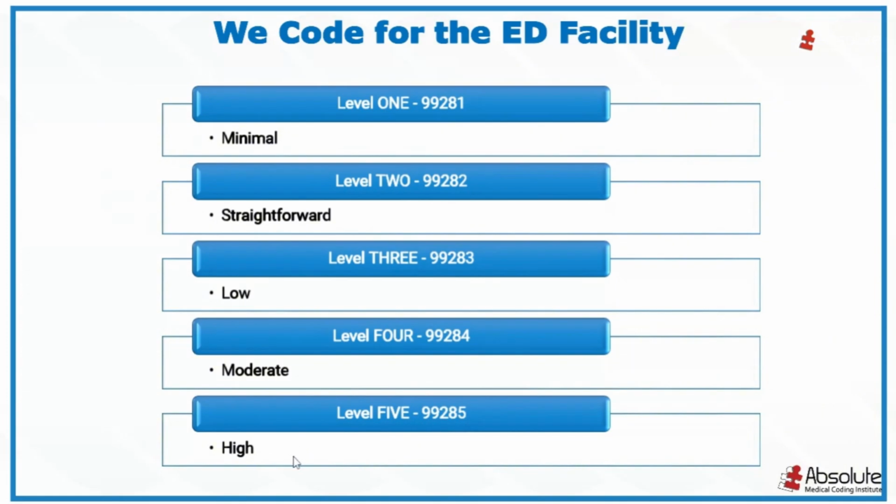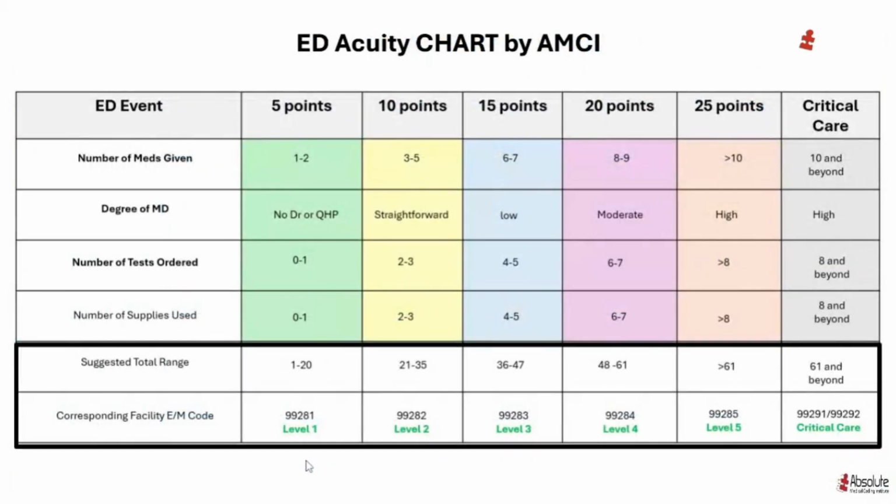Yes, it does look like E&M, and that's why some people get confused when coding it, including me. I have to keep telling myself, you are coding for the facility. Stay focused, Mrs. J.